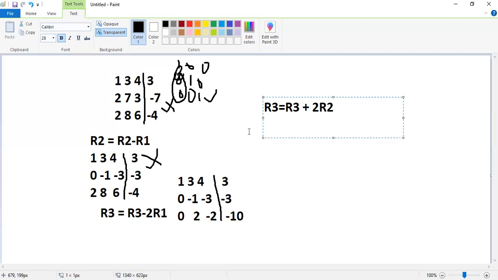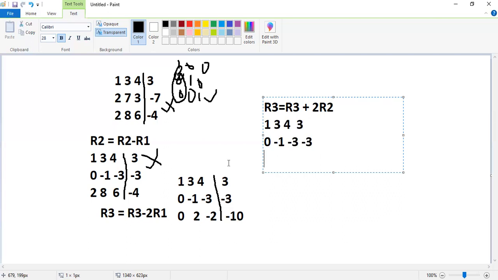We are not working on row 1, so row 1 will be the same. Row 2, we are not working on row 2, row 2 will be the same. And we are working on row 3. We are saying row 3 plus 2 row 2.